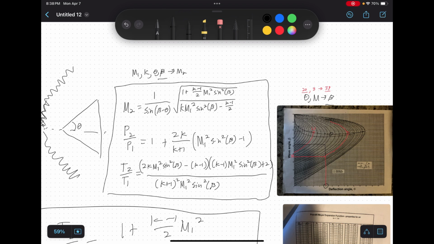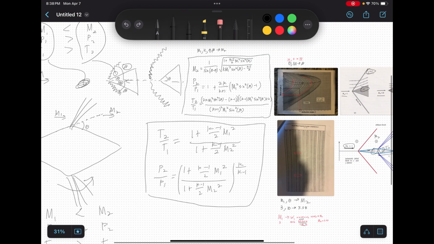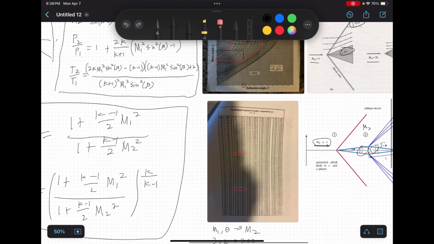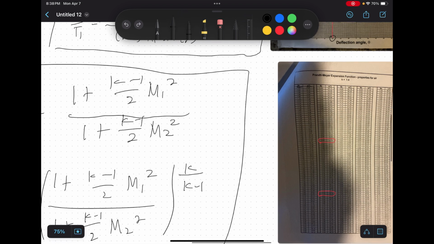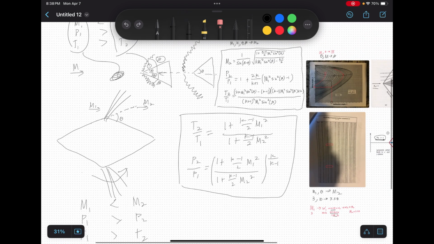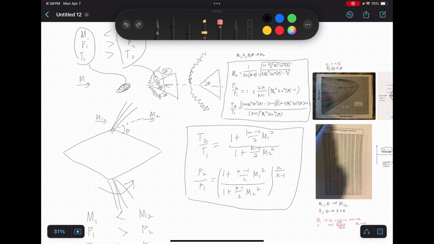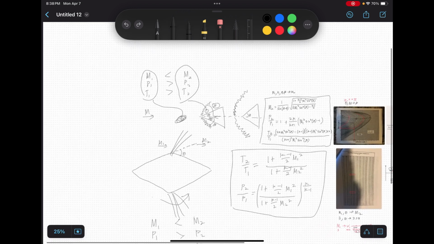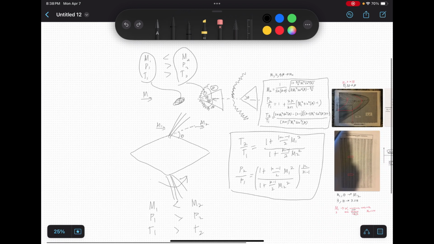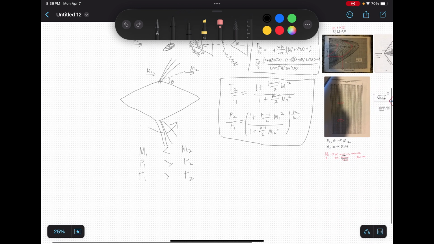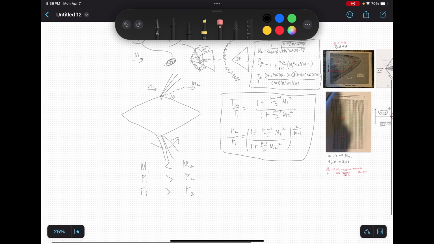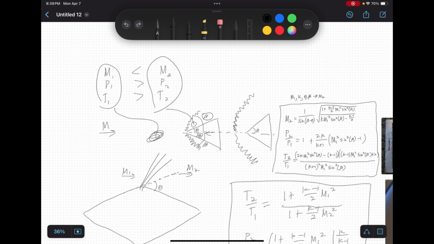You could find beta with the chart. Here, you can find M2 with the chart. You don't calculate it, you just find it with the chart. And all you need to do is calculate T2 and P2. And again, state 1 is on the left side of whatever you're looking at, and state 2 is on the right side of whatever you're looking at.